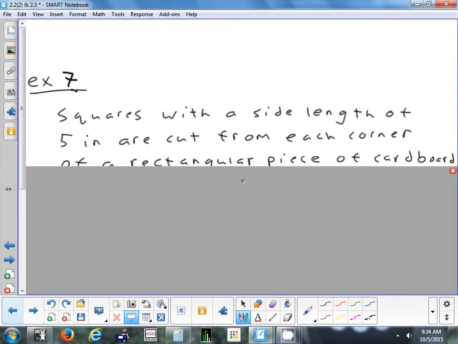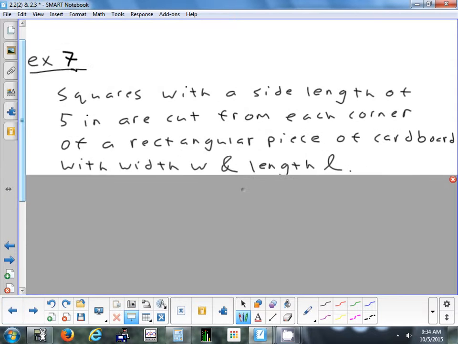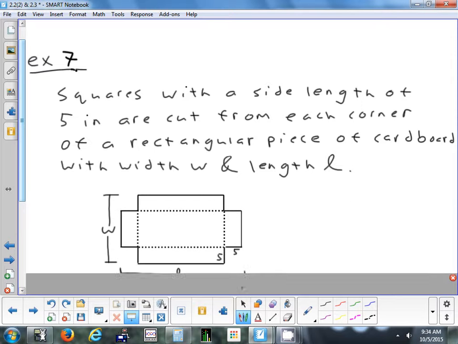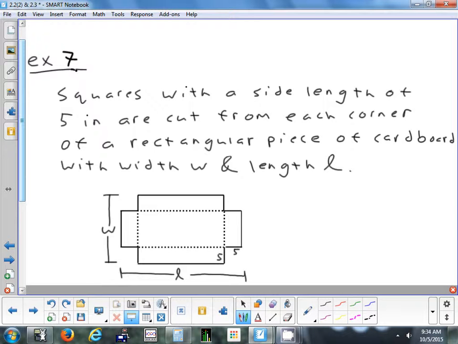And this will be our last one. All right, so this one says we basically got a rectangular piece of cardboard. Okay, and what we're going to do is we're going to cut squares out of each corner so we can take the sides, fold them up, and make like a little tray out of it.